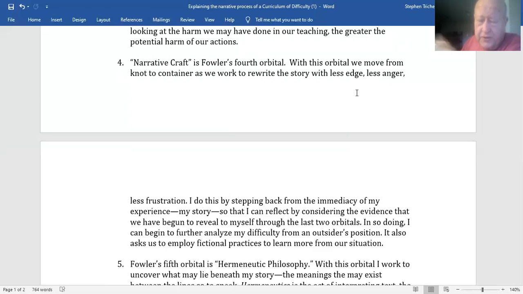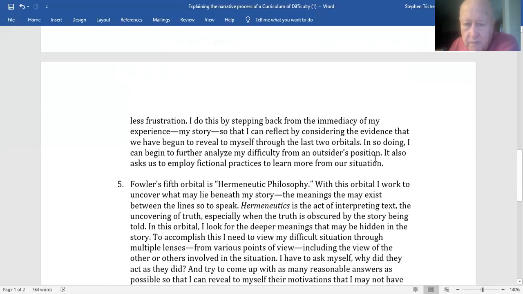Let all that frustration be apparent in the opening paragraph. Then we need to try to step back, and try to experience your story reflectively by considering the evidence that you've laid out as objectively as possible. And again, this may take 2 or 3 attempts to get to a more objective moment.